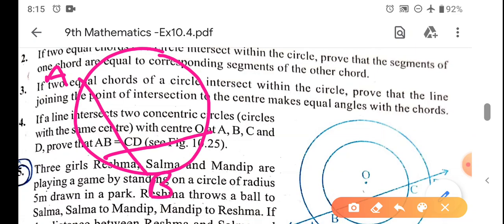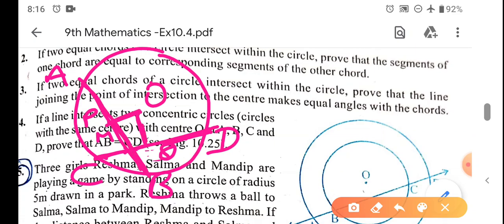Let it be AB, let it be CD, let them meet at O. Let the points be M, P, Q. You know very well that if the chords are equal, then the perpendicular distances from the center are also equal.